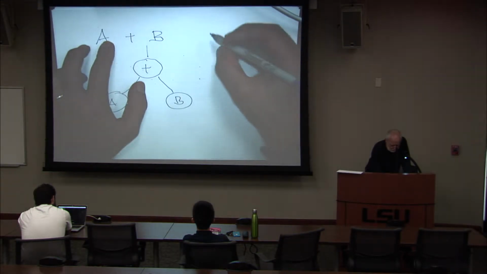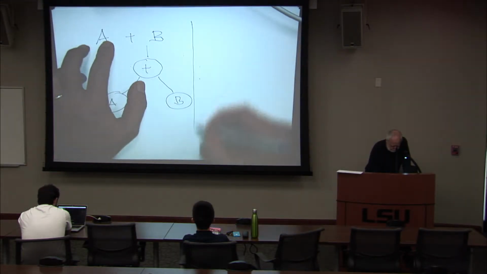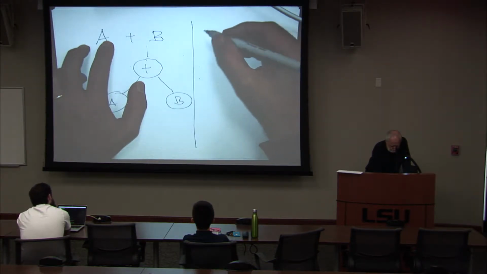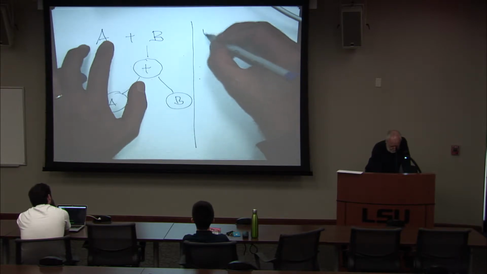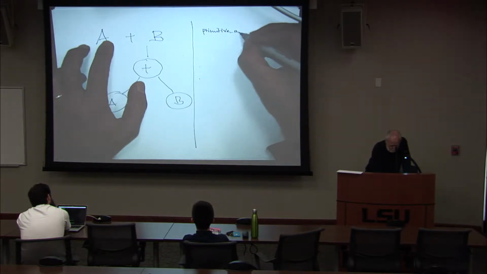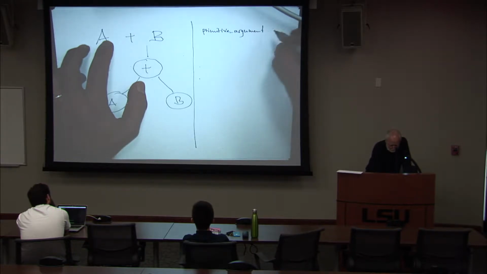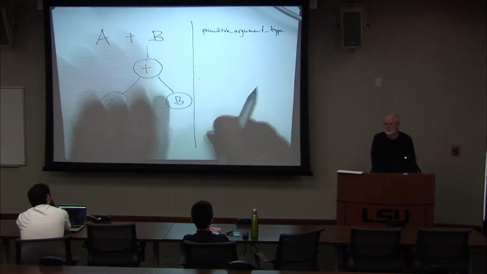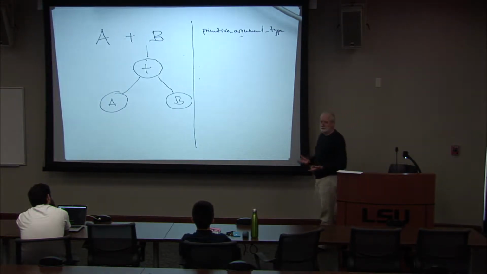The data type that is actually returned from the evaluation of a primitive is called primitive argument type. And the reason why it's called argument type is that it's not only returned from a primitive evaluation, but also passed as one of the possible arguments to the evaluation.